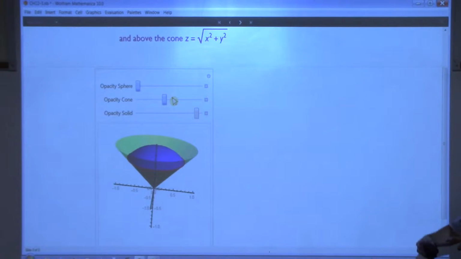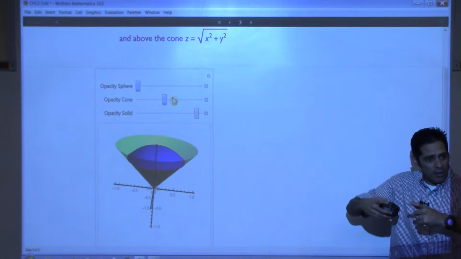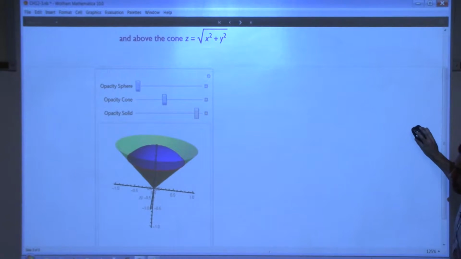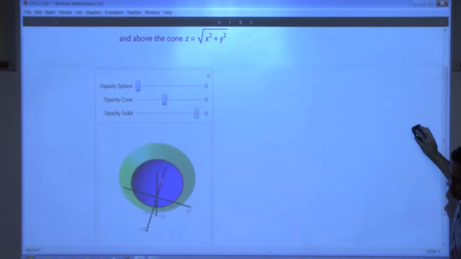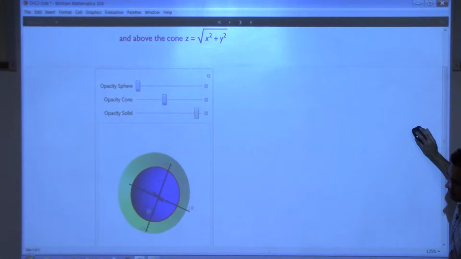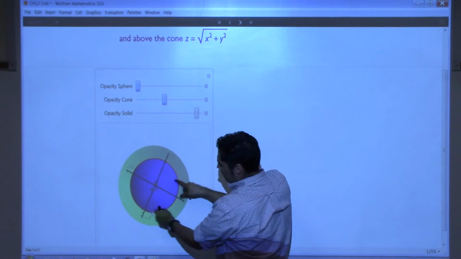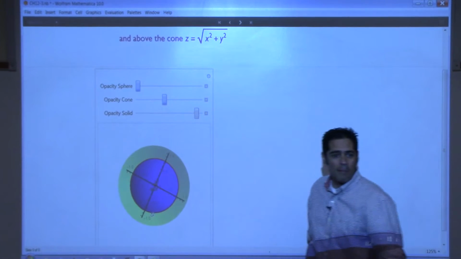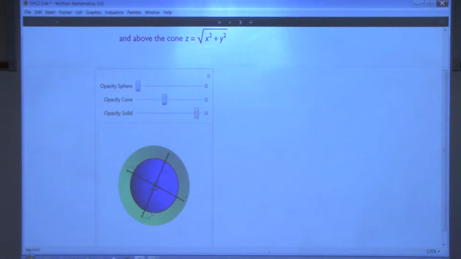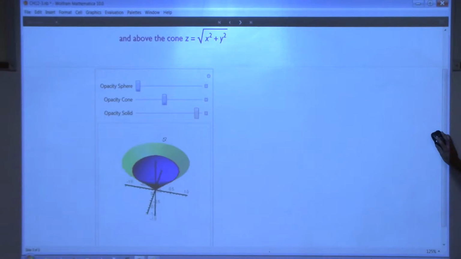You have to look at almost like the shadow of that object straight down. So if I take this object and I rotate it and I look at it straight from the top, then I imagine taking this edge straight down to the XY plane. That's my region of integration. Do you all see that? Is that a circle? Yes, that's a circle.